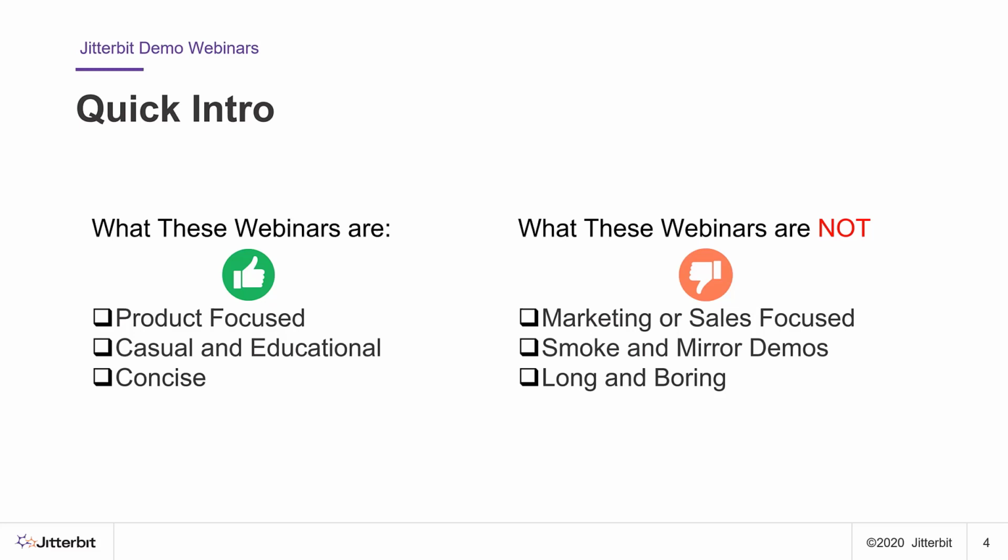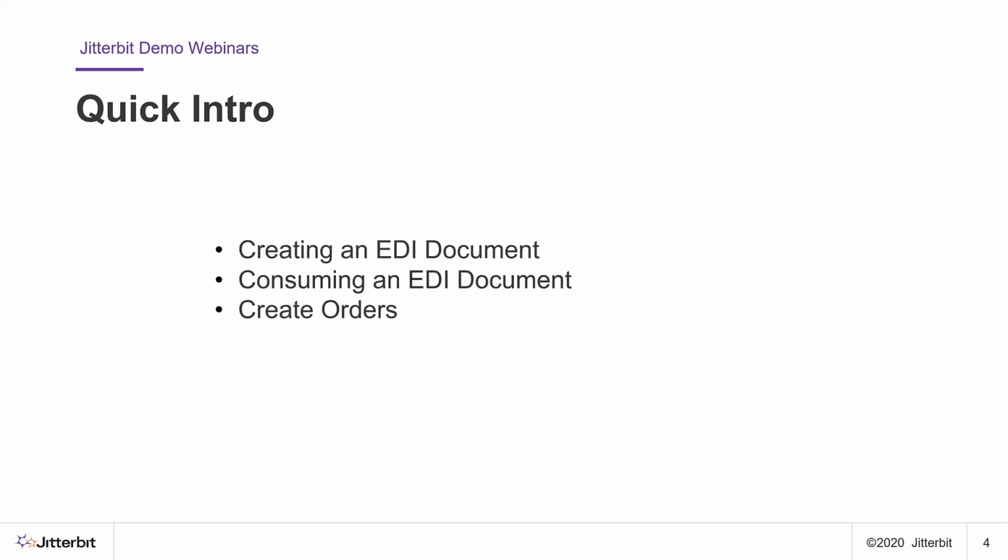And with that, what we will demonstrate today is how Jitterbit B2B allows our customers to create EDI documents. We will also show you how we can consume EDI documents, as well as how we can manage trading partners.